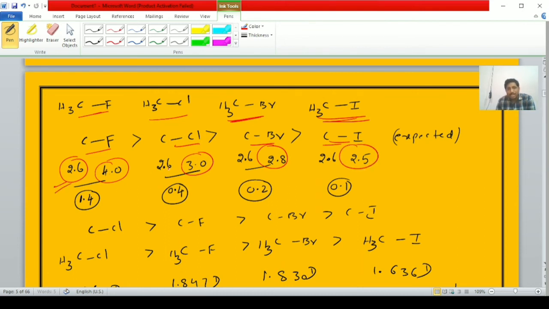The carbon is having electronegativity 2.6, student. We can observe the electronegativity difference. Difference means highest electronegativity minus lowest electronegativity.